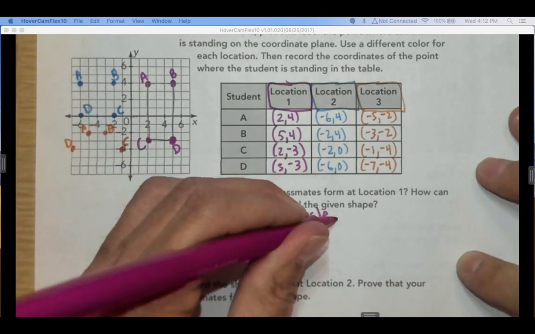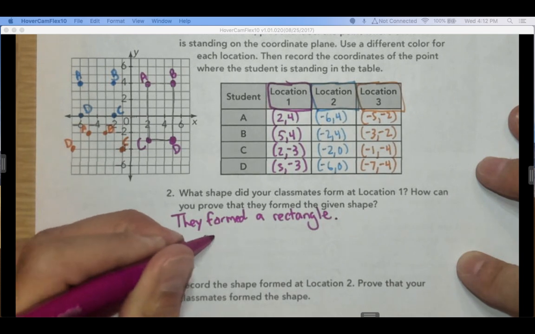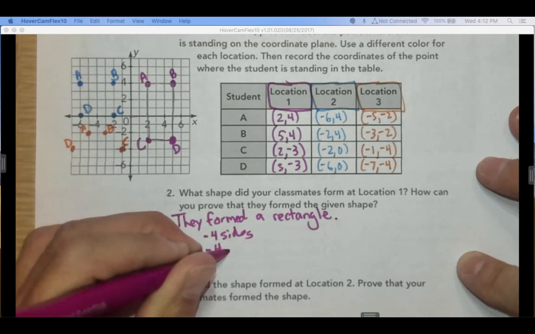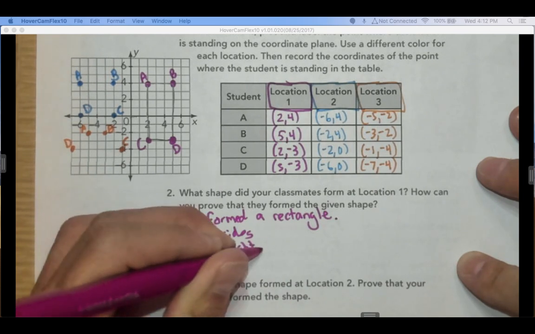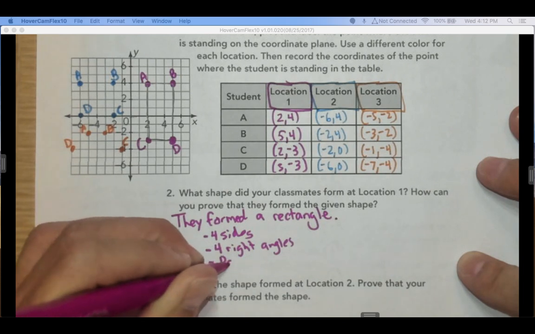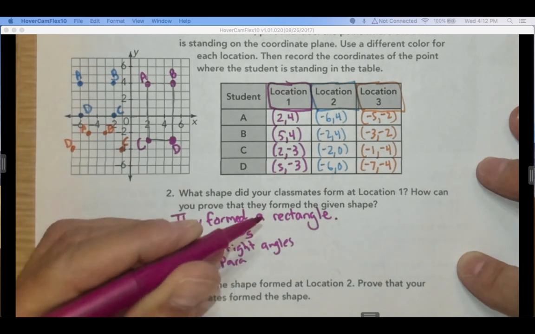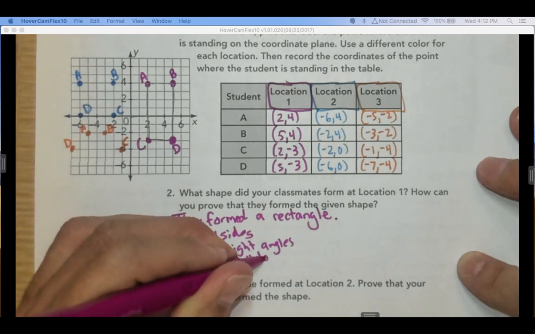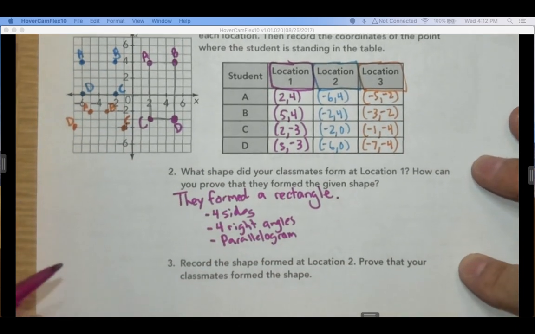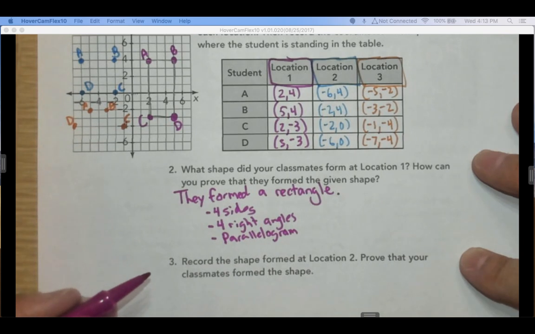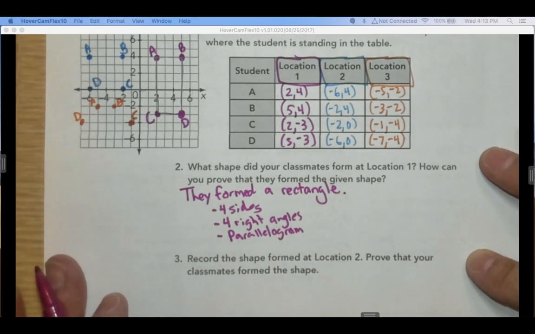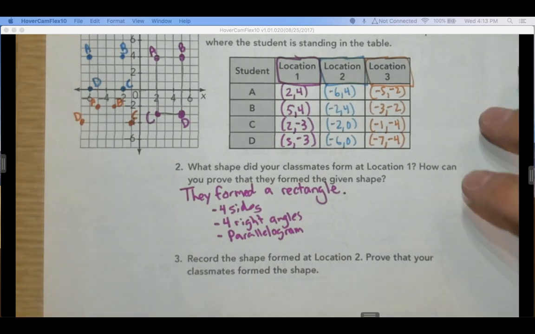When I think about a rectangle, 4 sides, 4 right angles, parallelogram, opposite sides are the same length. We're good there. Okay. Then when I look at location 2, record the shape they formed there.